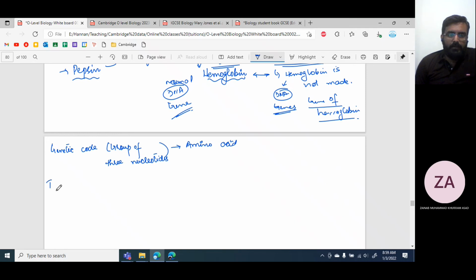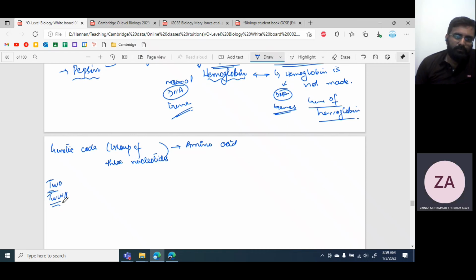So if I have a word TWO and someone gives me an article which has TWW, would I be able to translate this word on my own until I was told? Can I translate this word on my own? I don't think so. No. For example, there is another word, twice.